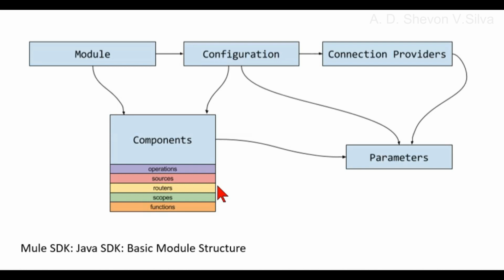Sources, like operations, are components that process the message and generate results. The message sources are components that receive or generate new messages to be processed by the Mule runtime.